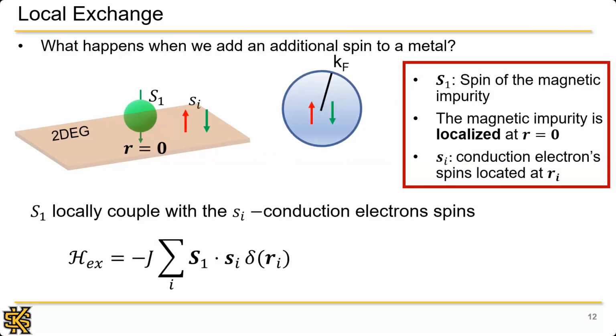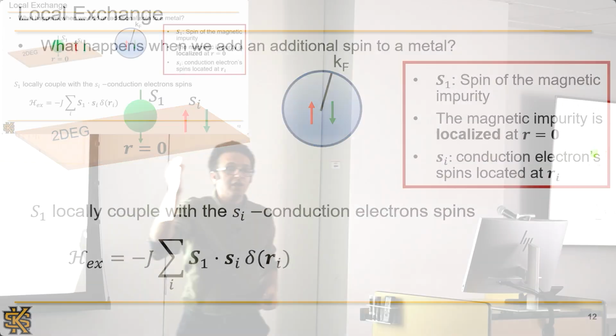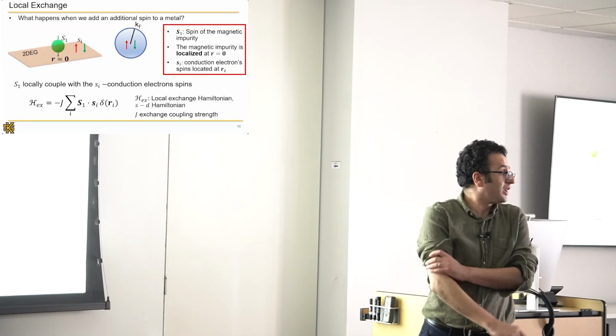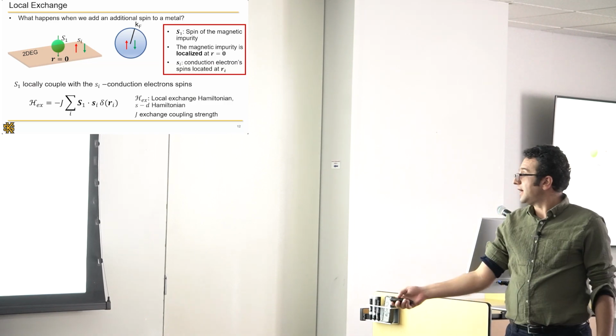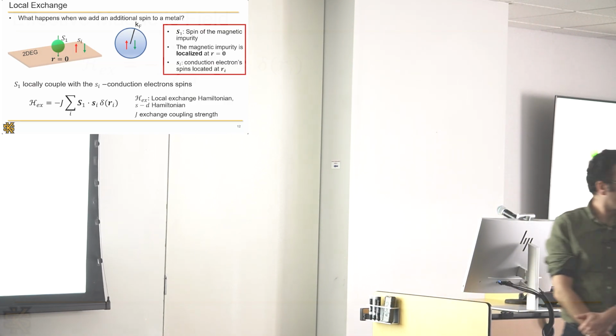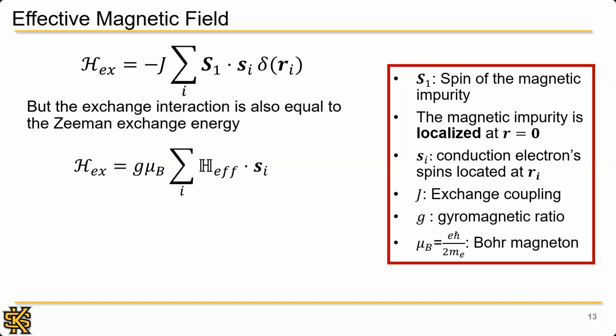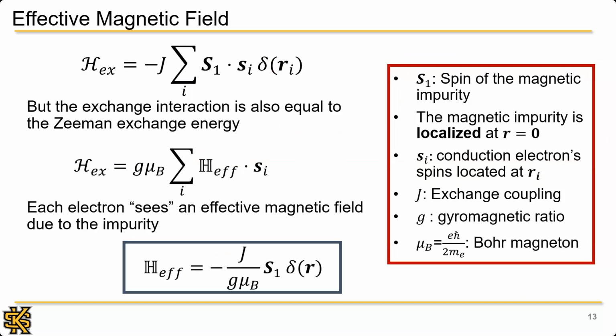So my S1 will couple to the spins of the metal locally through a local exchange Hamiltonian that is called the sd Hamiltonian. The J is the exchange coupling strength that we have. If we look at this local exchange interaction and compare it to an interaction that we know, which is the Zeeman coupling, we can notice that the electrons, the small s_i's, effectively see a magnetic field due to the presence of that magnetic impurity, right?